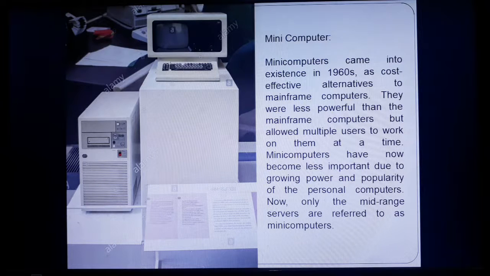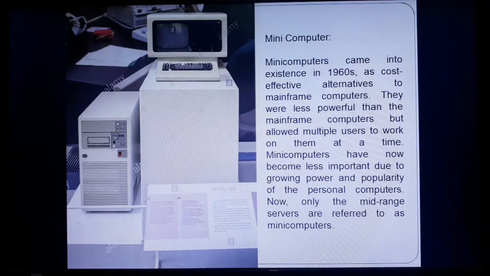Mini computers can be used by many users at the same time. Therefore, mini computers have now become less important due to the growing power and popularity of personal computers. But they can work as small servers. Now only the mid-range servers are referred to as mini computers.